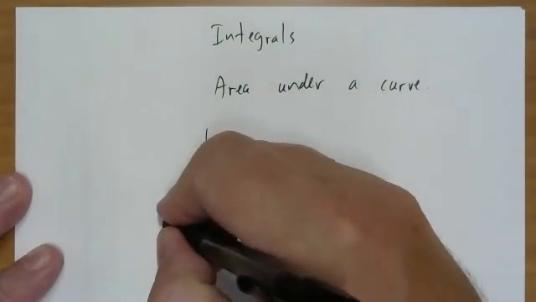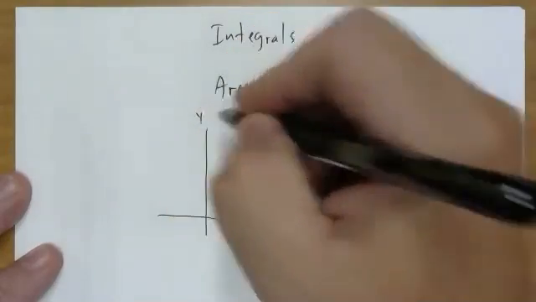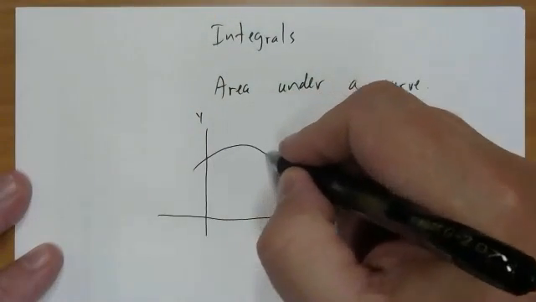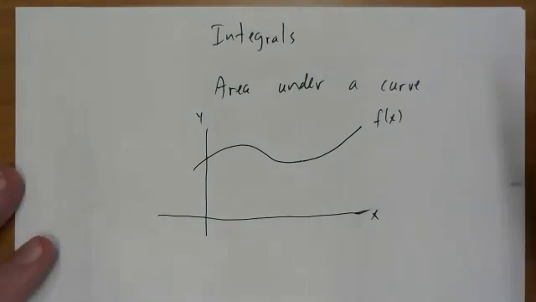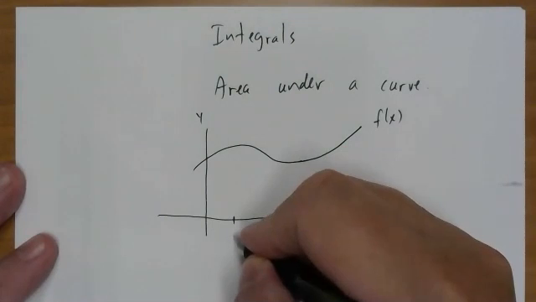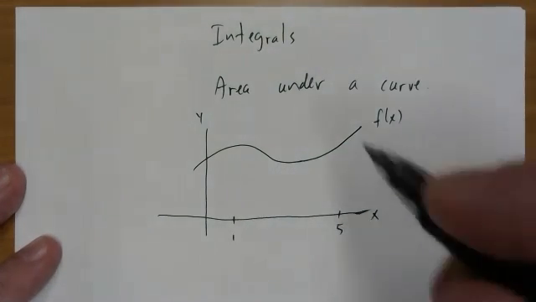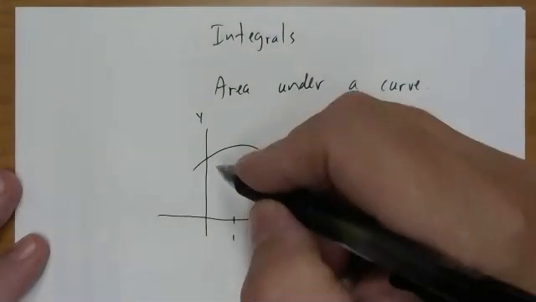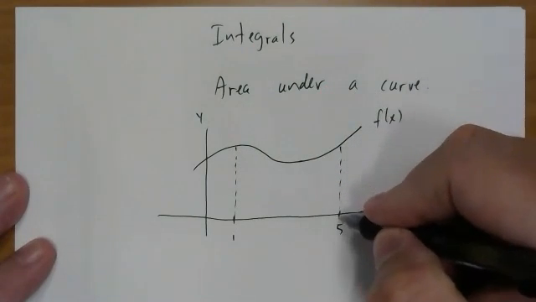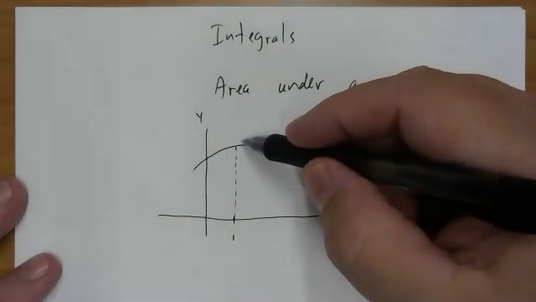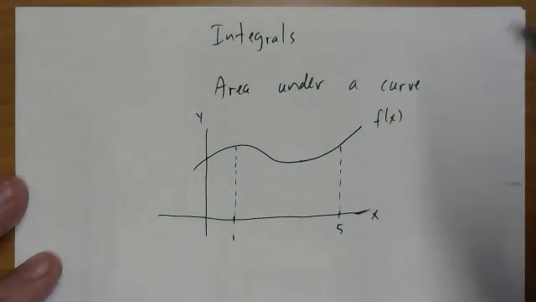So just to give, so if we have just a traditional graph here, and say we have some kind of a function, sometimes what we need to do in math is determine the area between the function and the x-axis in this case.